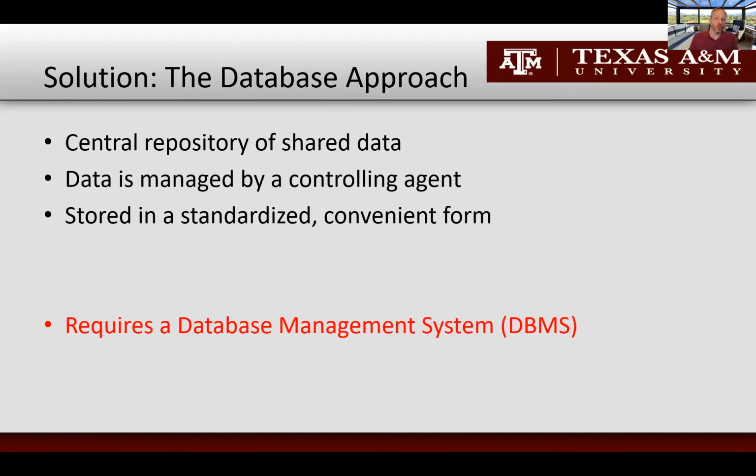So the solution to all these dilemmas I've just been talking about is to come up with this database approach. Ideally, a central repository for all of the data that is still interrelated. So we have a database here at A&M, something like single sign-on or Howdy, that has a lot of information that serves a variety of different needs, but it is still about one big problem: how we manage Texas A&M University, how we manage our students, or our finances, or our classes, or what have you.